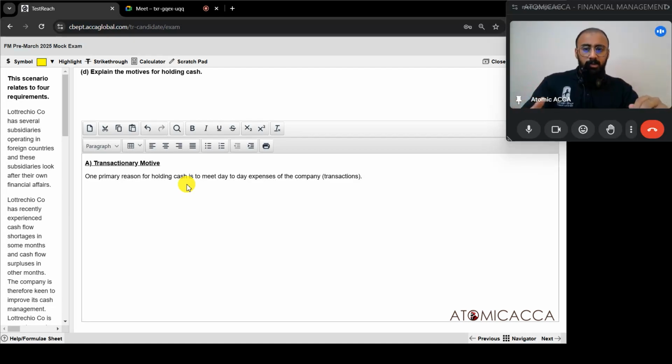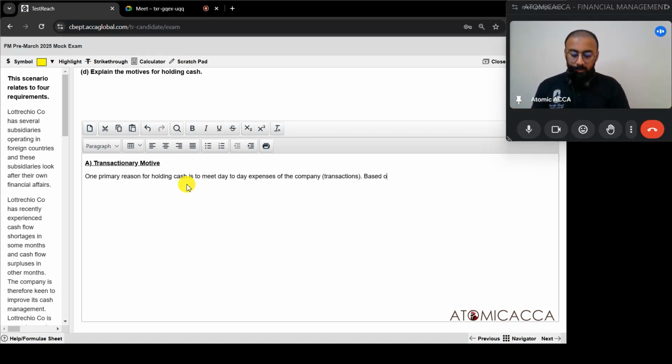How can company know, let's say, how much money to keep with them for transaction purpose? They can see past history, how much transaction happens on a daily basis, or they can create a forecast for the future like a cash flow budget and all. That will also give them an idea how much transactions are going to come up.